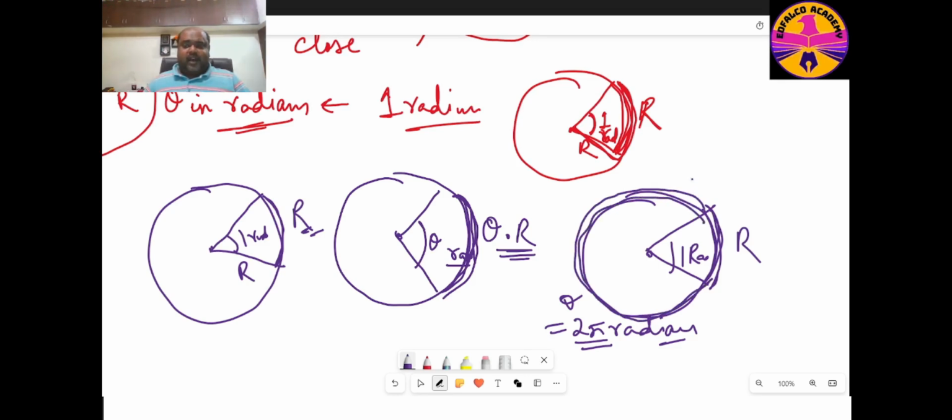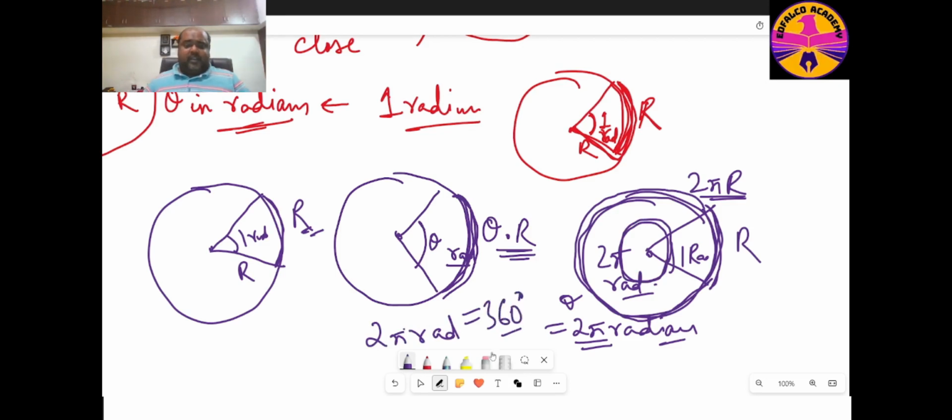So the entire circle will be covered if you are taking 2 pi radians. In terms of degrees, this entire angle is 360 degrees, and that's why we have the relation that 2 pi radian is equal to 360 degrees, or pi radian is equal to 180 degrees.